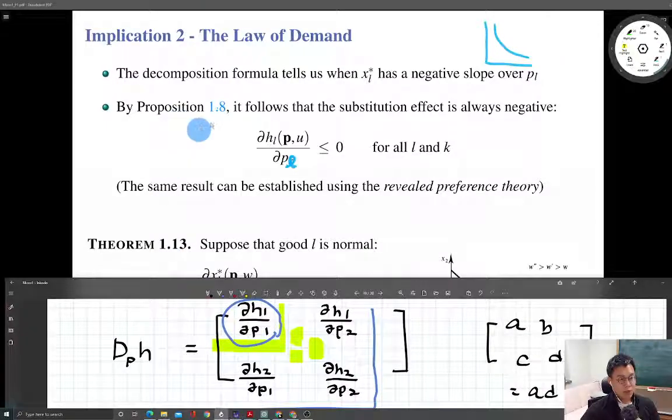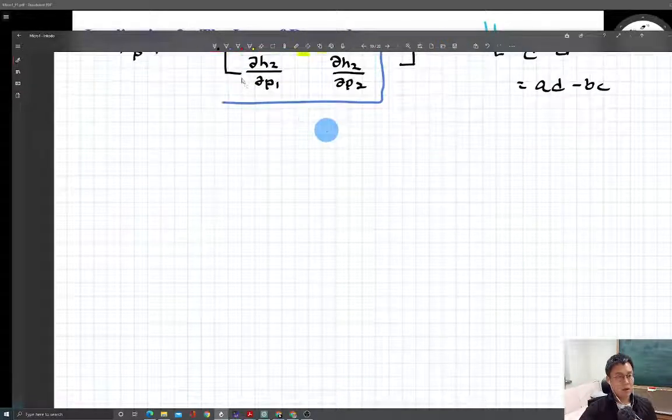So proposition 1.8 states that the substitution effect due to a change in its own price is always negative. So if we consider the price effect on good L, when the price of good L changes, then the associated substitution effect is always negative. So what does it mean?